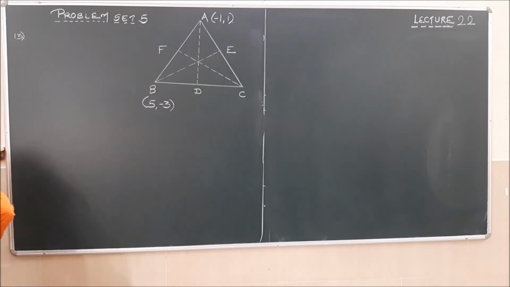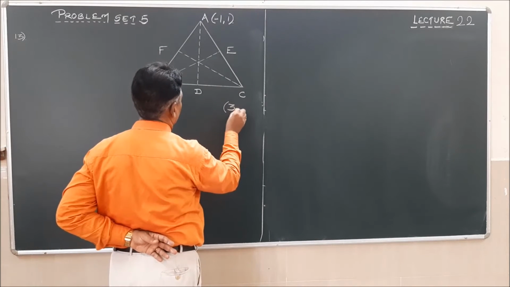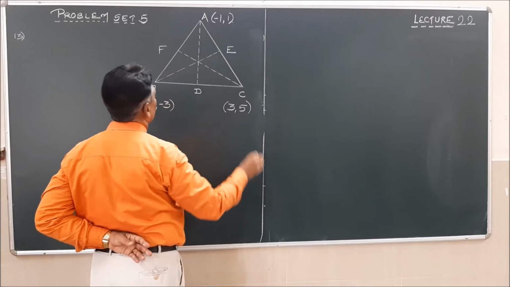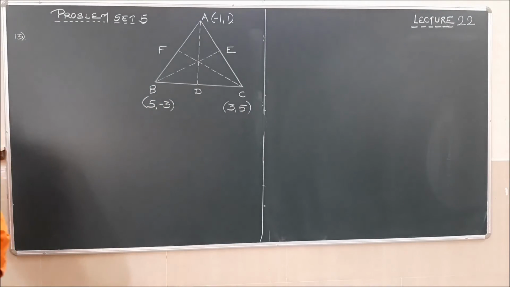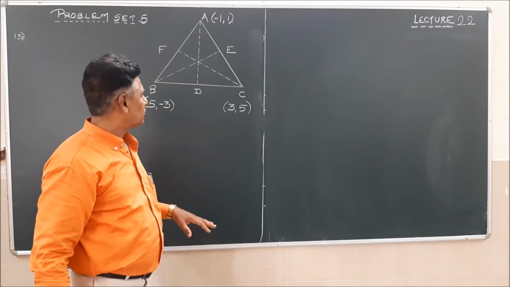And coordinates of C are 3, 5. Okay, fine. So this is how: minus 1, 1. Then you will find coordinates are 5, minus 3 and 3, 5. These are the coordinates. Now what I am going to do?